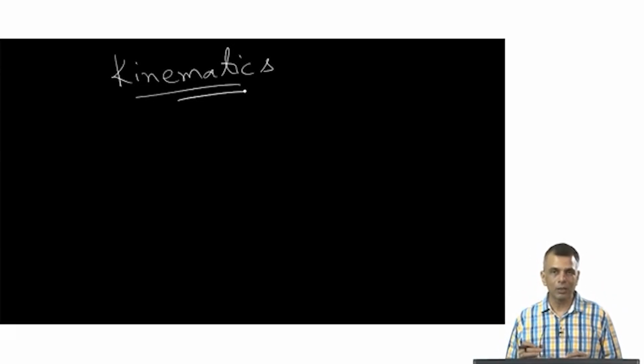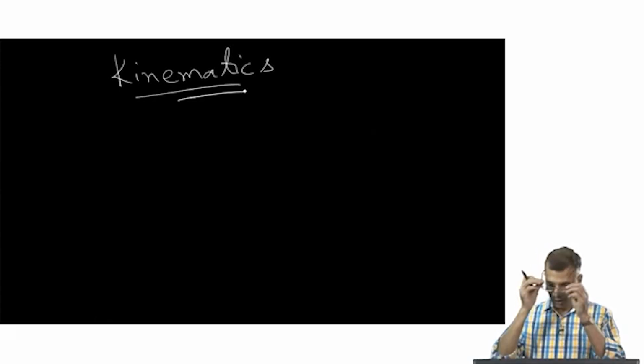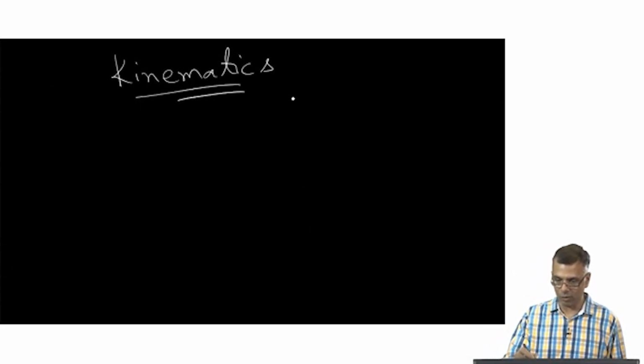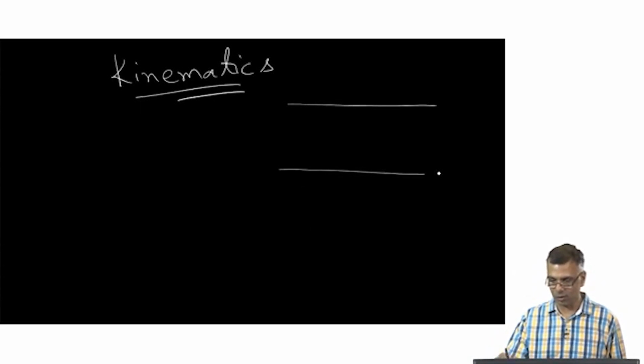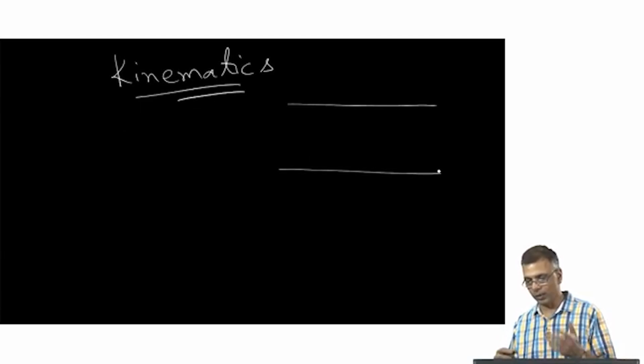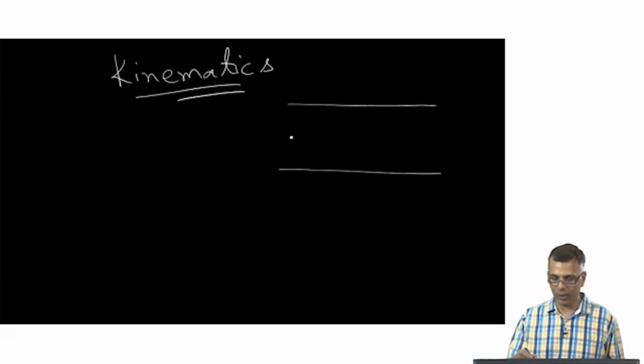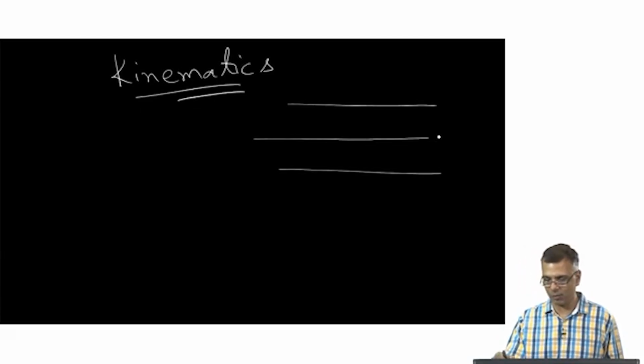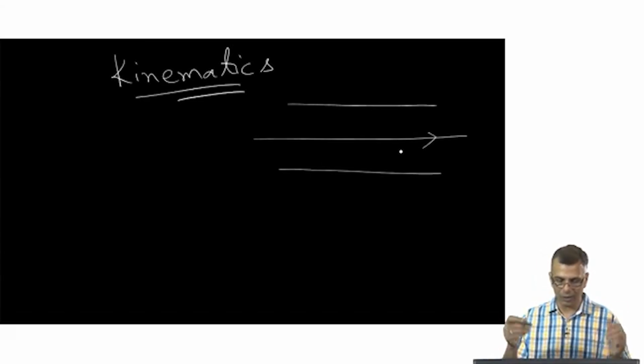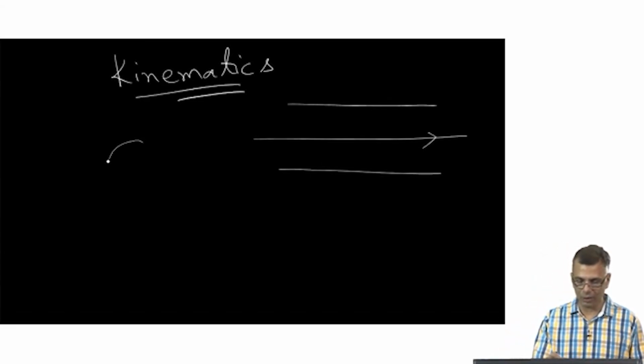And in doing so, we mainly focused on this thing called a streamline, which intuitively, here's some fluid flowing along a pipe, and you say here's a streamline. Okay, this is something that's intuitively obvious.